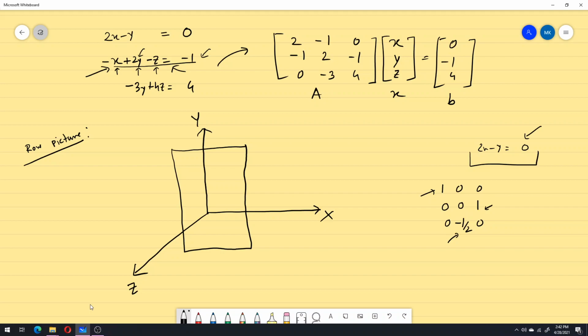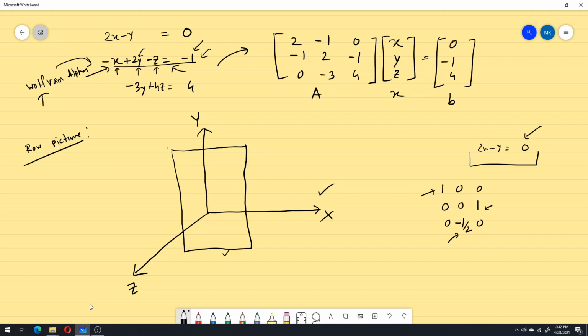Now you can get a visual representation if you try to solve this equation on a website called Wolfram Alpha. If you go to this website, and try to find the solution for this particular equation, you will see the visual representation of a plane through the origin on a 3D coordinate system.